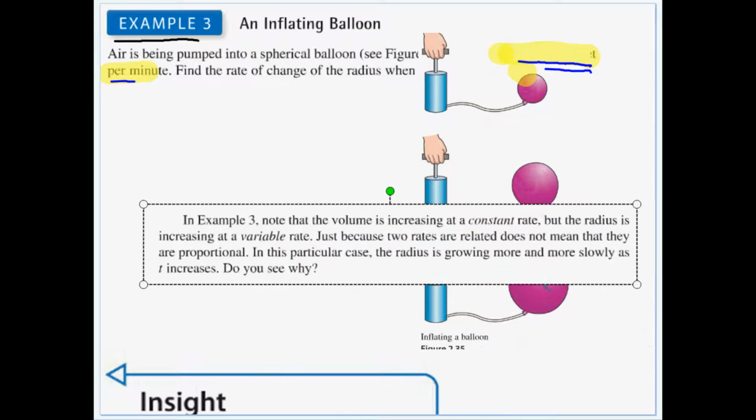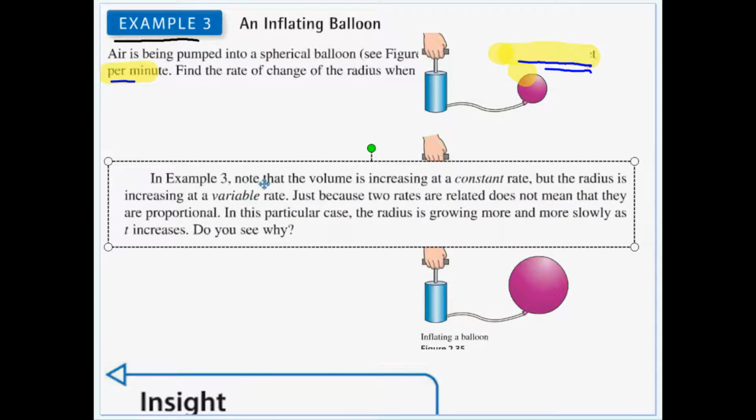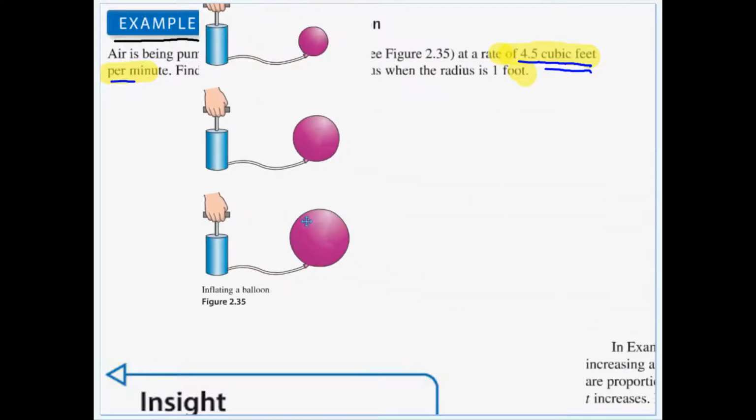And what the heck is this? In the example, note that the volume is increasing at a constant rate, 4.5 cubic feet per minute, but the radius is increasing at a variable rate. Just because two rates are related does not mean they are proportional. In this case, the radius is growing more and more slowly as t increases. Do you see why?